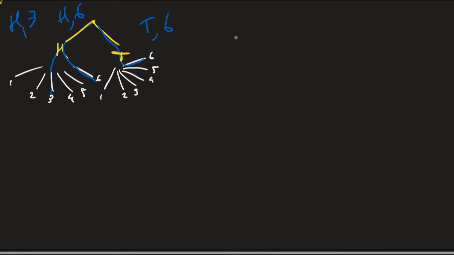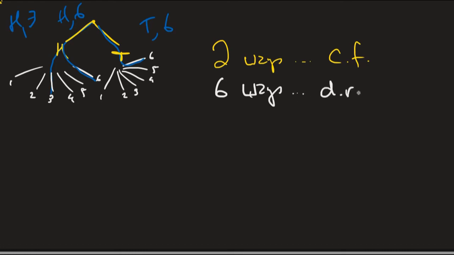So we see that if there's A ways for one thing to happen, 2 ways for a coin flip, corresponding to a fork in the road where there's 2 possibilities, and then there's 6 ways for our die roll to happen, and that corresponds to the 6 individual paths.